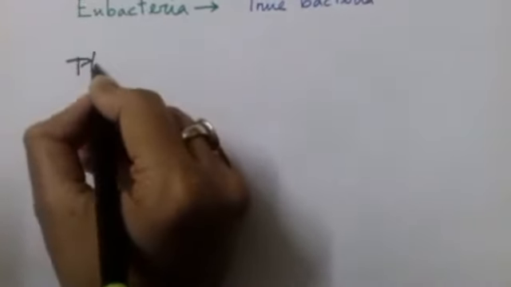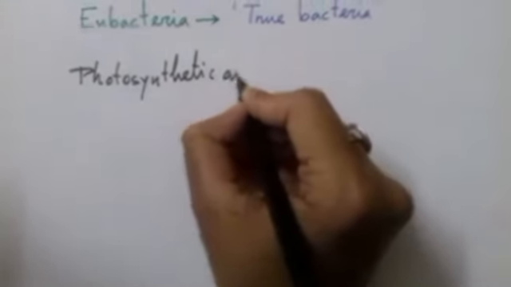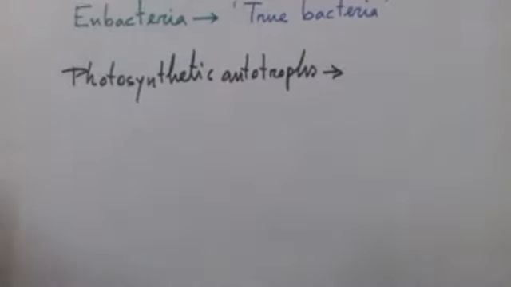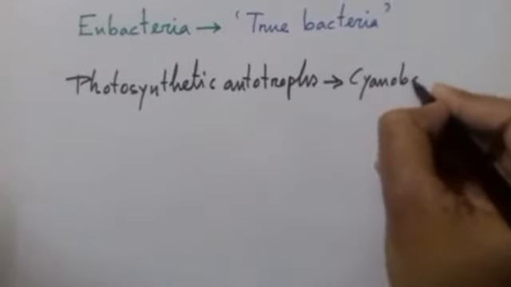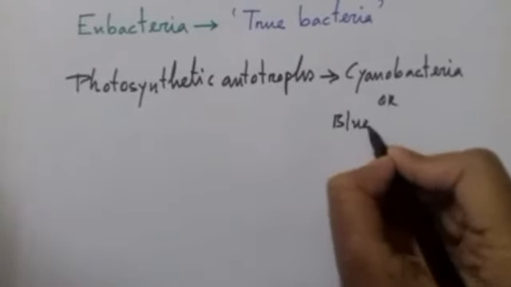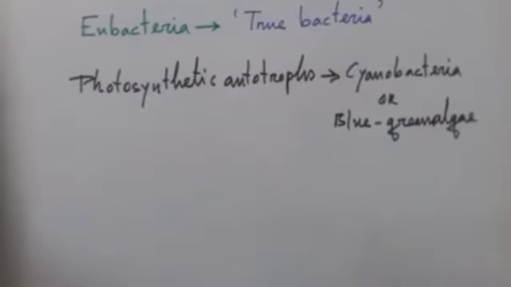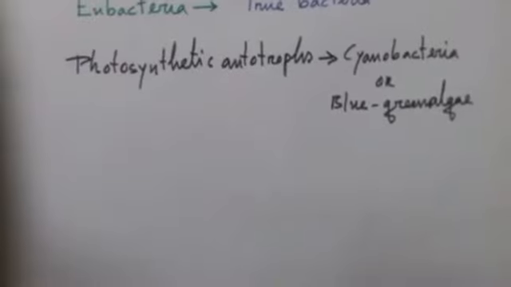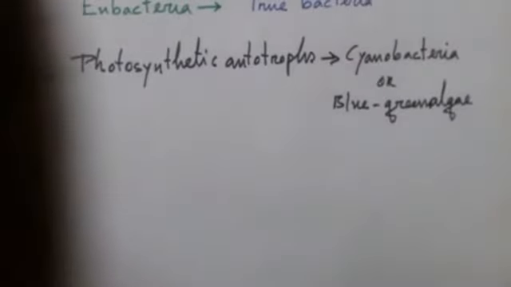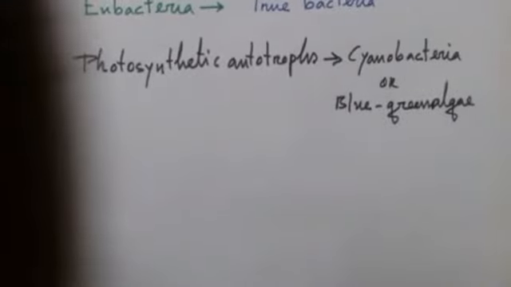So if we discuss the photosynthetic autotrophs, they are like Cyanobacteria or blue-green algae. This blue-green algae or Cyanobacteria has chlorophyll A similar to green plants and is responsible for photosynthesis. And these Cyanobacteria are unicellular, colonial or filamentous. They live in fresh water or marine water.